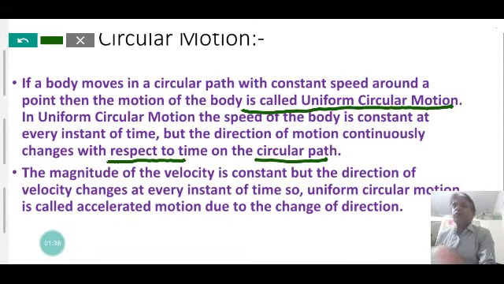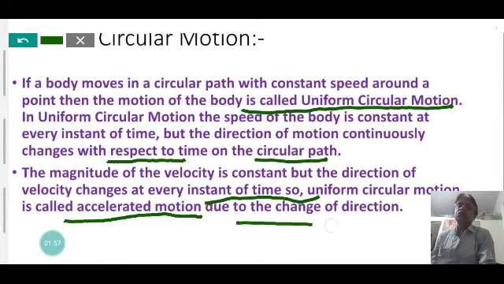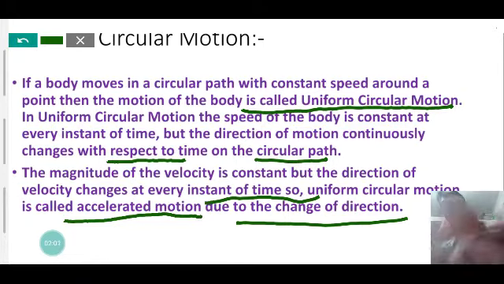The magnitude of the velocity, that is the speed, is constant, but the direction of velocity changes at every instant of time. So uniform circular motion is also called accelerated motion due to the change of direction. That will be clearer on the next slide.